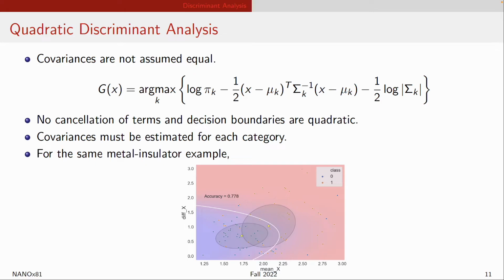Okay, the second interesting feature for quadratic discriminant analysis is that now your ellipses are no longer the same, right? We are no longer assuming that they have the same covariance matrix. So each of the classes has its own estimated covariance matrix. And this is the covariance matrix of class 0. And this is the covariance matrix of the class 1 data. Okay?